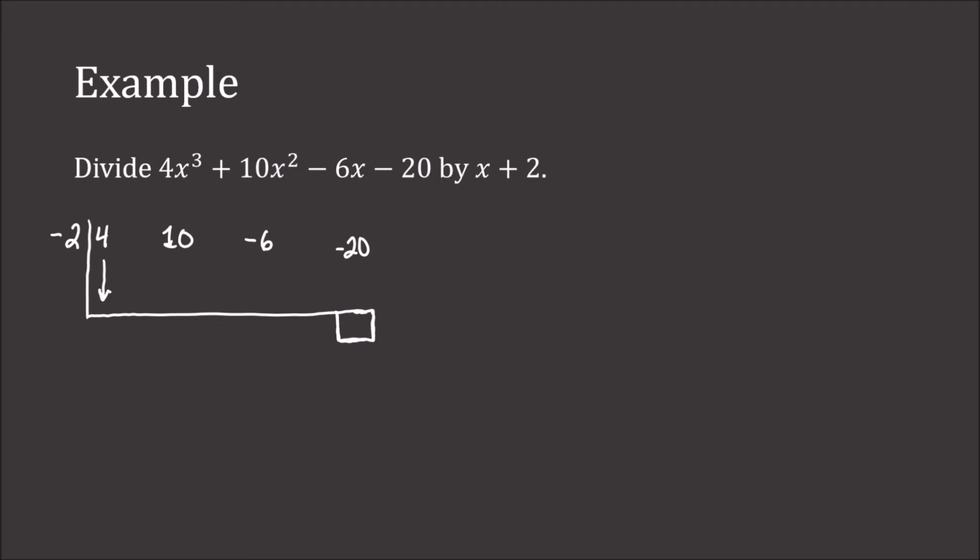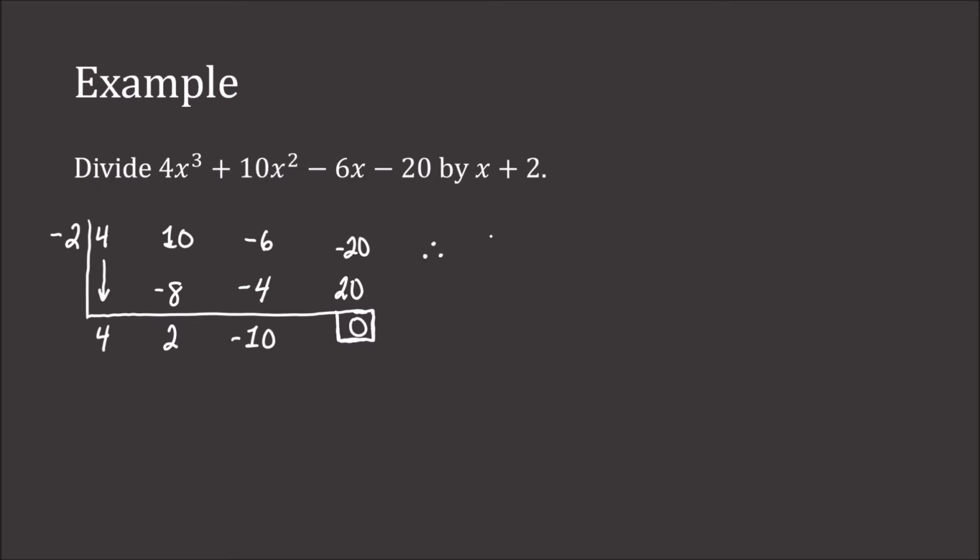Carry down the 4, multiply by negative 2 is negative 8. Now add these two terms, we get positive 2. Times negative 2 is negative 4. Add these two terms gives us negative 10. Times negative 2 is 20. Add those two terms gives us 0.